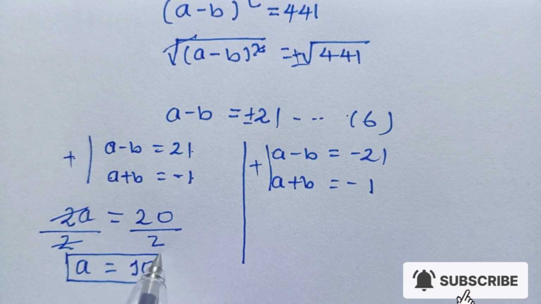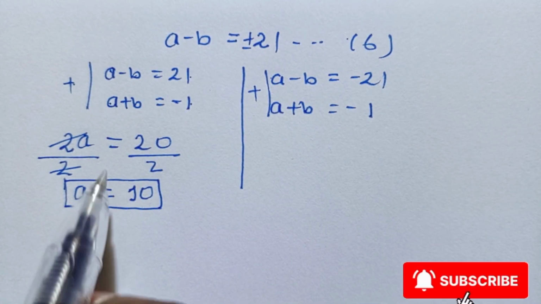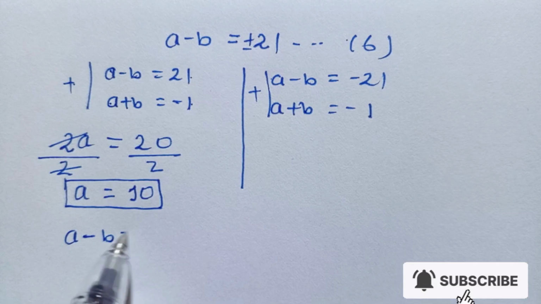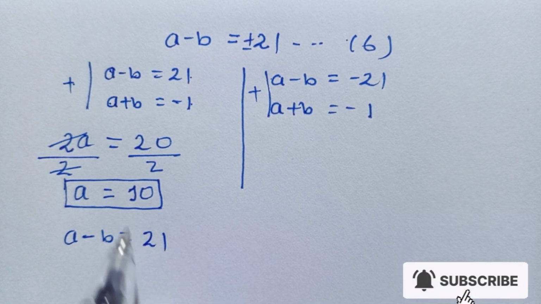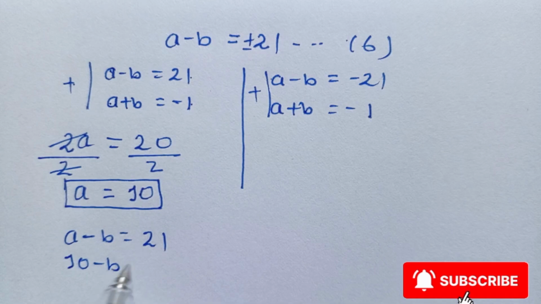This is then the first solution, and a minus b equal to 21. a equals 10, so 10 minus b equal to 21.